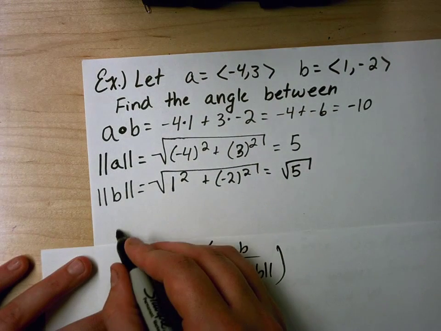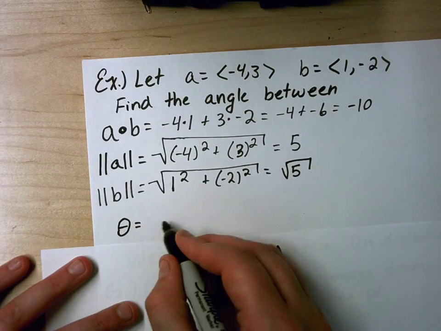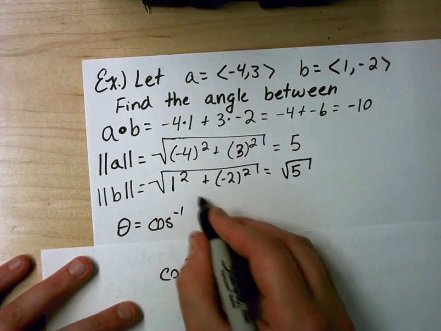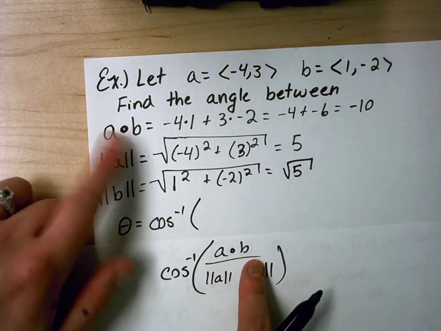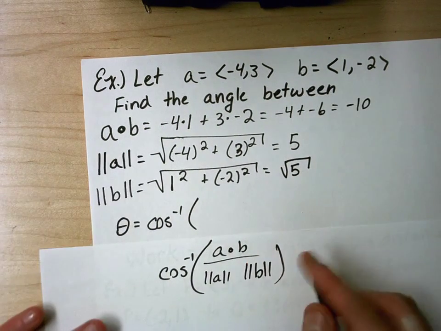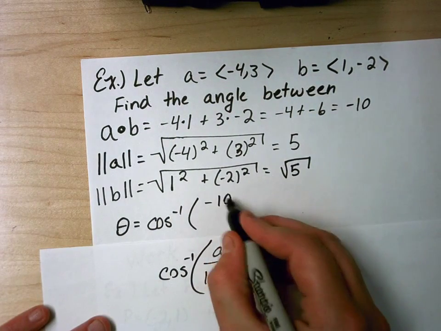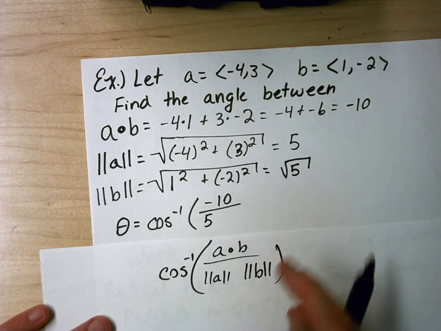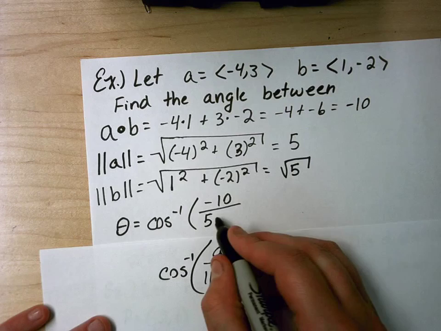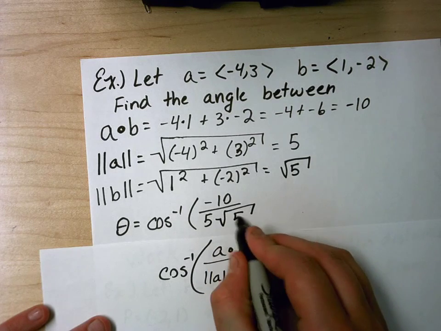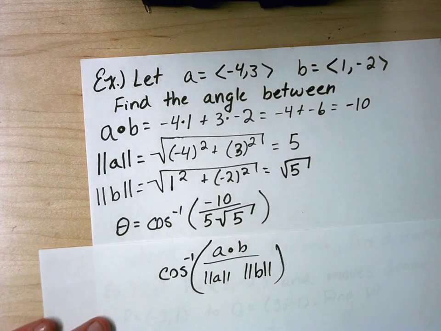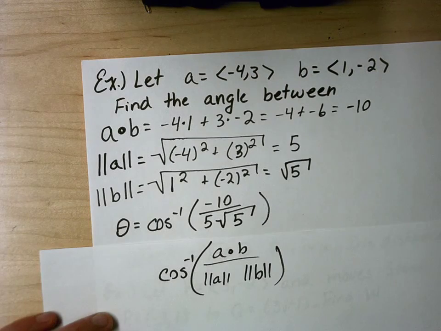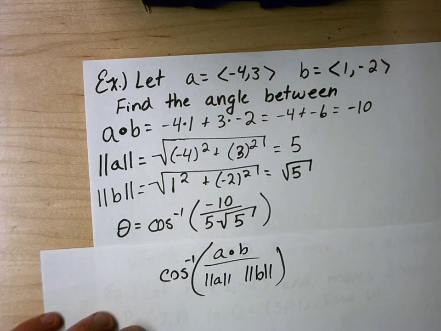Now that I have all of my components, I know that theta equals cosine inverse of A dot B. Since A dot B equaled negative 10, that's going to be negative 10 over the magnitude of A times the magnitude of B. If I enter that into my calculator, let me see what I get.